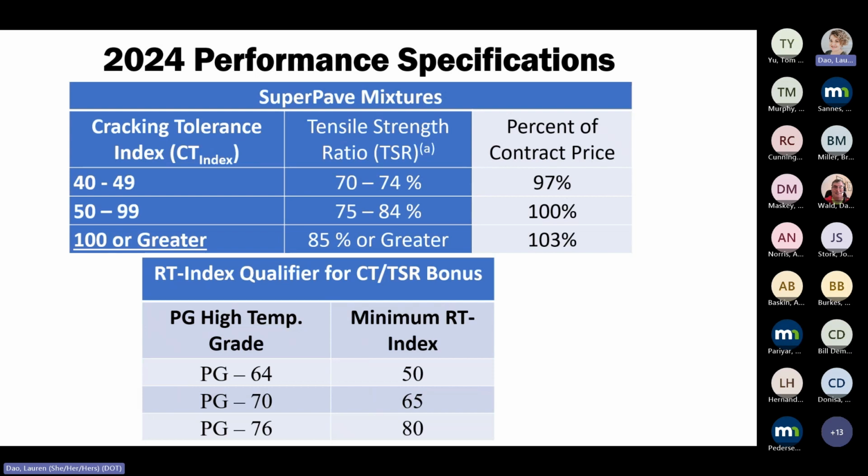So we wanted to allow the contractors to get a bonus for anything greater than 100, but it still requires 85% or greater for the TSR. And then the RT is only a qualifier, so they just need to meet that minimum.